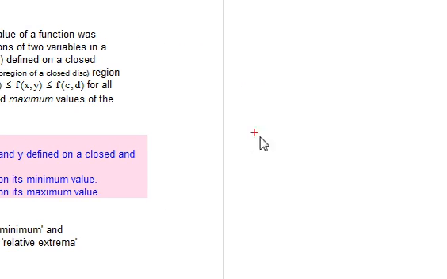Say f of x is defined to be x cubed minus 7x plus 6. I think this would be a good example. And I want to draw a graph of this cubic function.